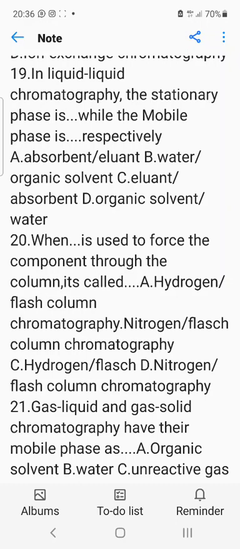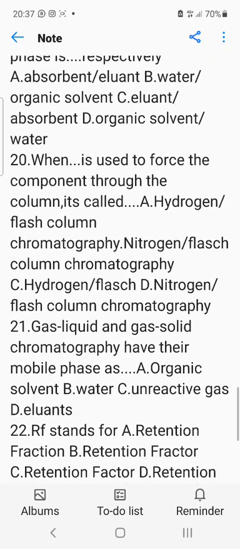In paper chromatography, the mobile phase is usually organic solvent, while the stationary phase is usually water. So the answer is water and organic solvent, which is B. Take note of that.